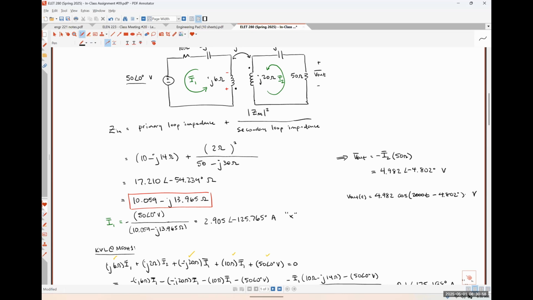So this isn't something that is intuitively obvious, but this whole dot convention is all about the physical orientation of the windings of the coils, okay? So let me just do this as an aside here.